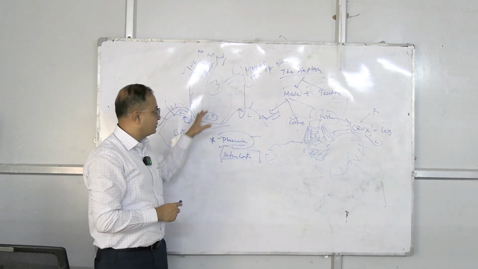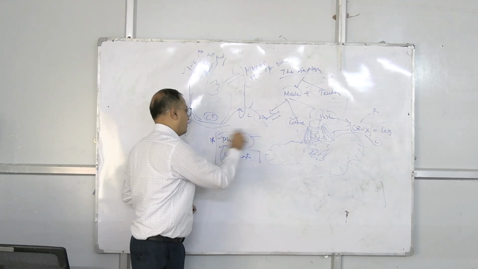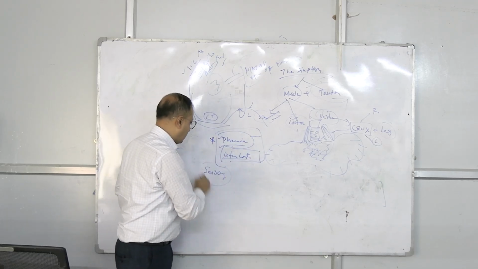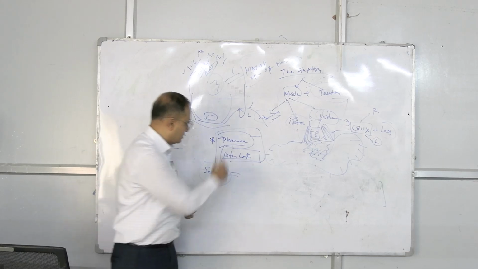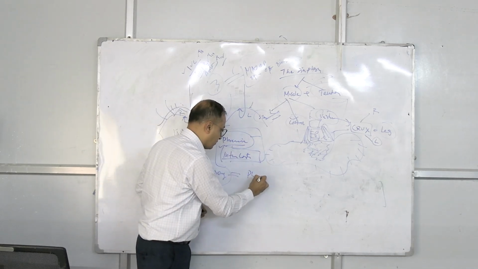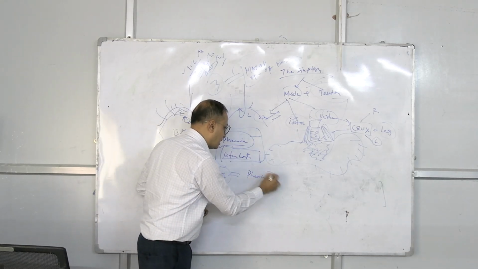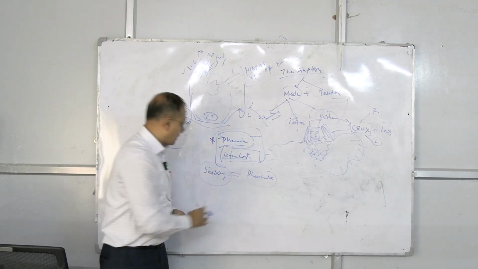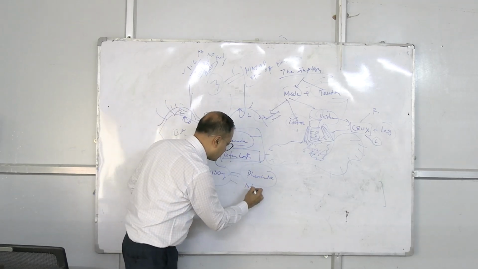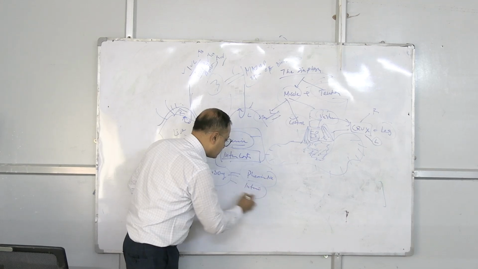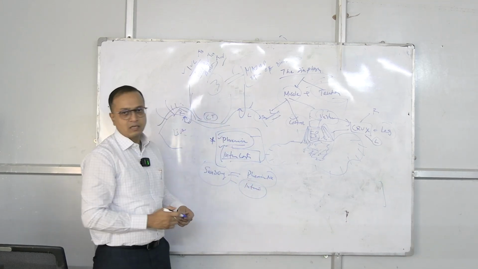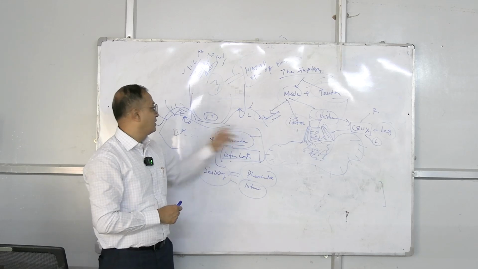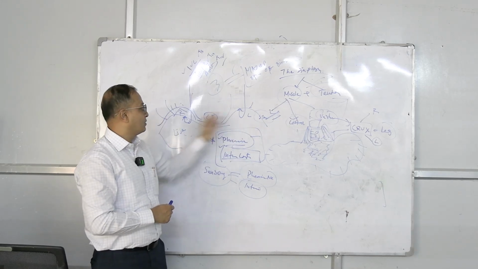Apart from the motor supply, the diaphragm also has a sensory supply, which comes from different sources. Number 1 is the same phrenic nerve. The phrenic nerve supplies sensory as well as motor fibers, and the intercostal nerves have sensory divisions as well, especially on the margins, supplying the sensory parts of the diaphragm.